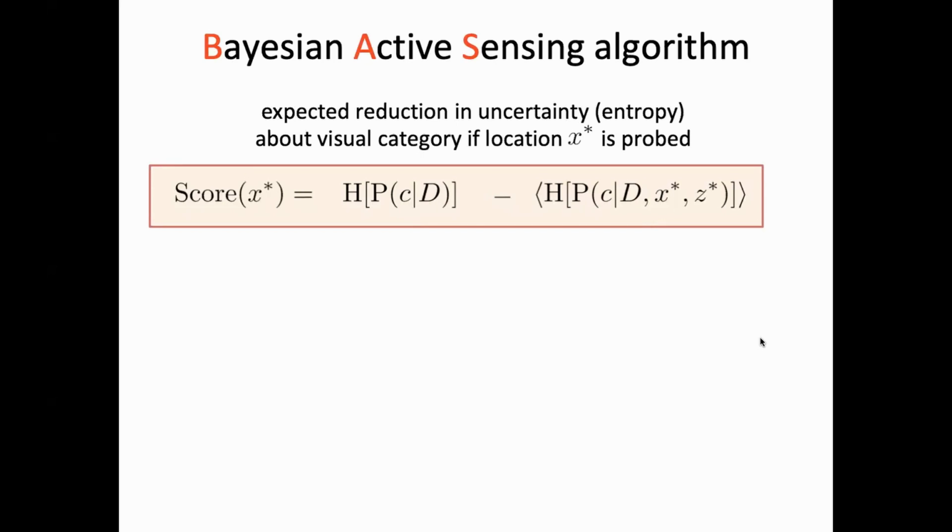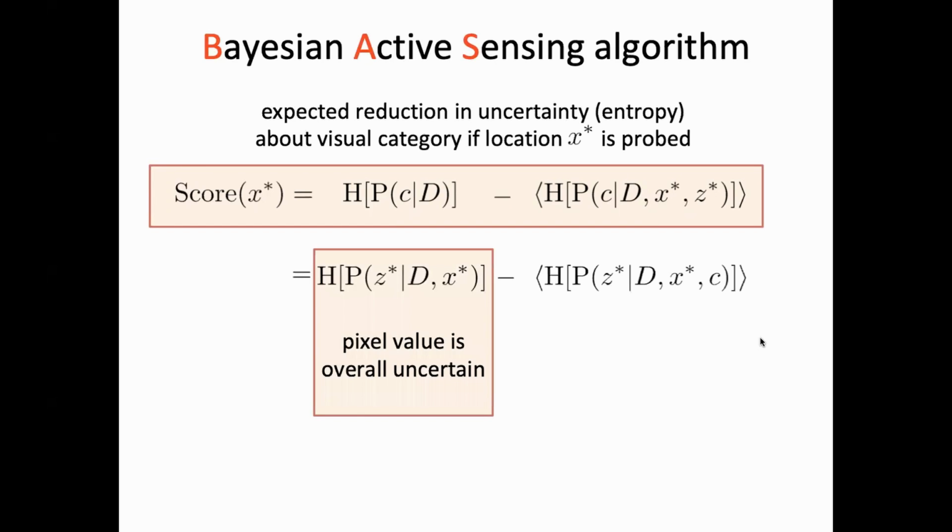This score is the well-known expected information gain. Note that it is also the mutual information between the category C and the pixel value Z star. This means that we can swap C and Z and write the score in another form. Now, with the probability being in pixel space, it gives another perspective on what the algorithm is doing.